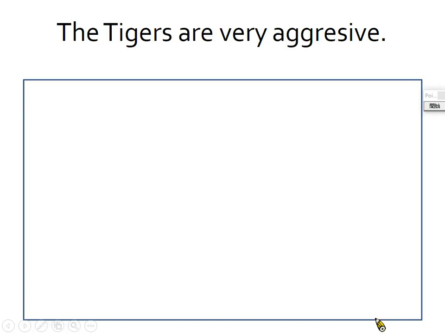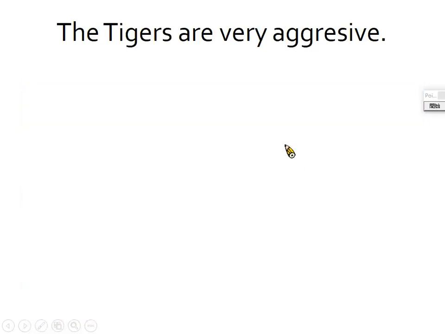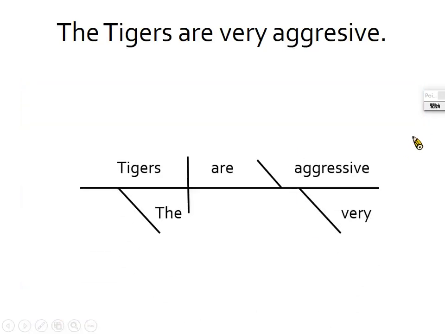Okay, let's see whether you have the correct answer like mine. The tigers, subject, right, are, verb, very aggressive. So aggressive is the subject complement. So in this, keep in mind, we should have something like this.